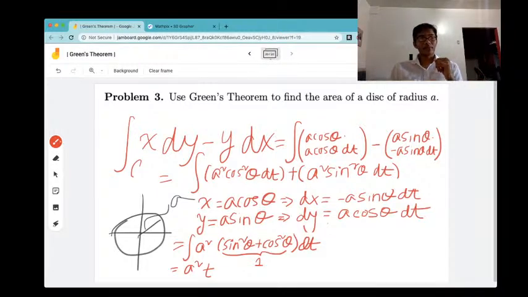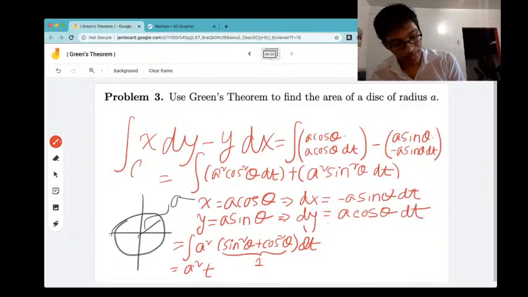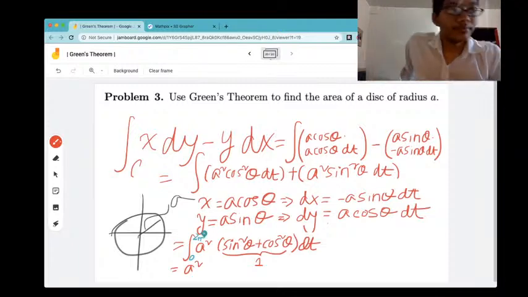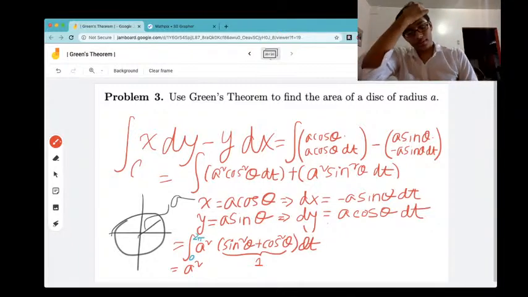But are we done, folks? Are we done? No, because remember, this should be a definite integral from 0 to 2 pi, right? So let me put those bounds in. So from 0 to 2 pi, okay? And really that changes a bit.